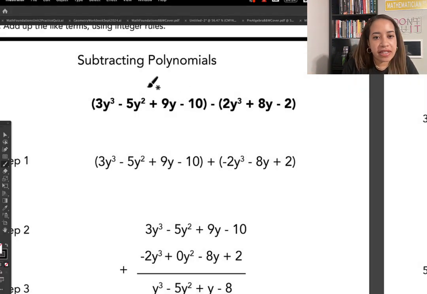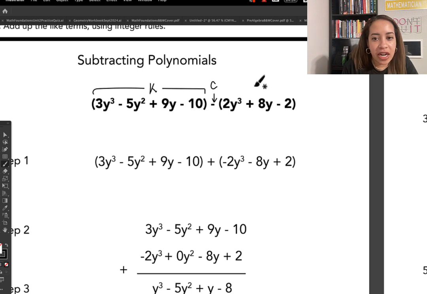First, we'll use the phrase keep, change, change to turn this into addition. So we are keeping the entire first polynomial. We keep that the same. We will change the sign in the middle. So we're going to be changing from a subtraction sign to an addition sign.